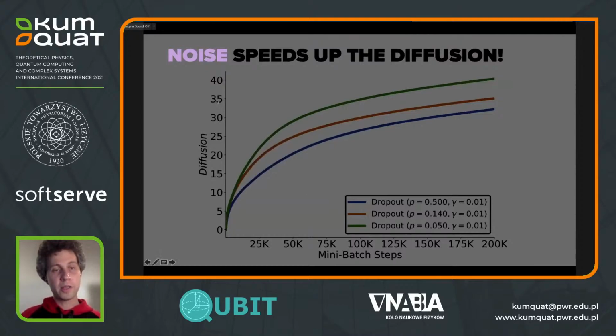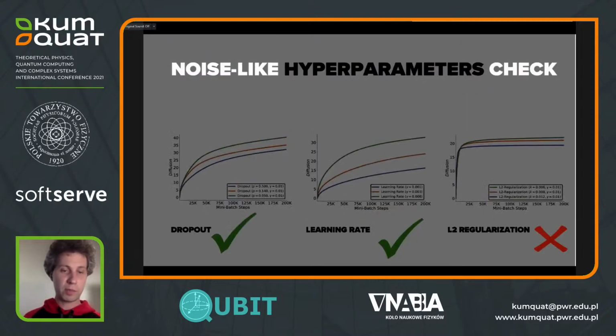And if you look at this, we see that a number of hyperparameters indeed work as adding noise and temperature. By increasing, for example, the randomness in your system, you see that your diffusion starts to grow as you increase your hyperparameters.